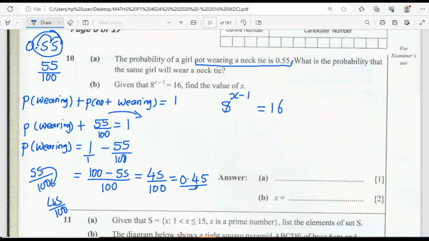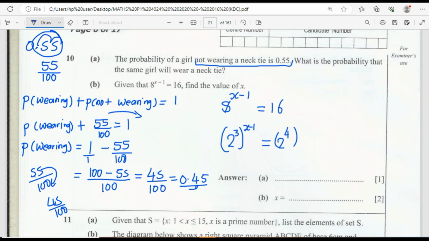So let's make 8 as a power of 2. By what number can we raise 2 so that it gives us 8? It is 3. We know that 2 times 2 times 2 will give us 8. This 16 can also be broken into the same base, which is 2 raised to the power 4.